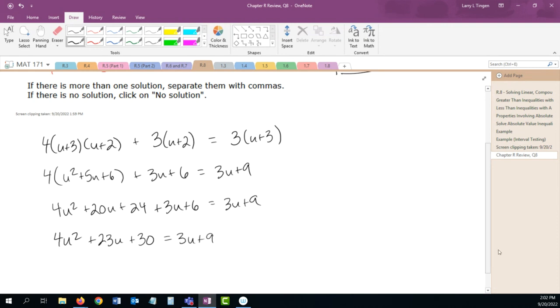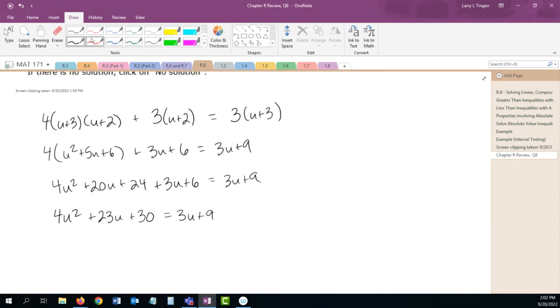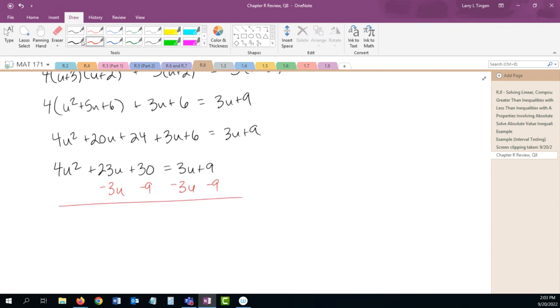This is a quadratic. So to solve a quadratic, we get everything on one side and 0 on the other. So to do that, I need to subtract 3u, and I need to subtract 9. Which means I am now looking at 4u squared plus 20u plus 21 equals 0.